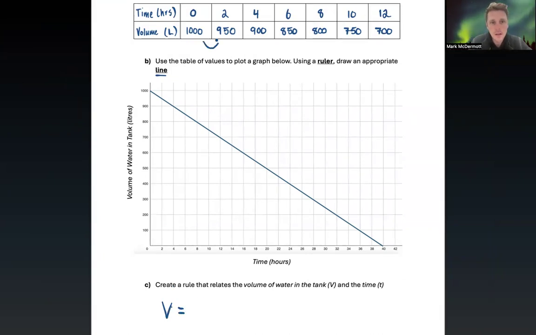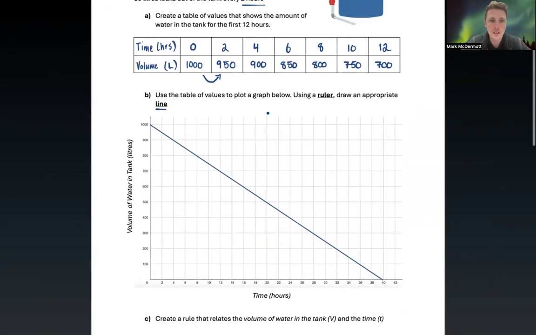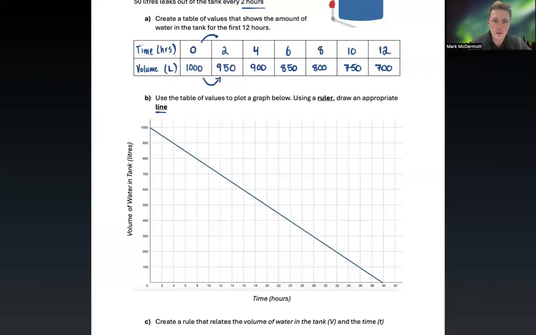It's going down by 50 each time. But strictly speaking, the gradient is how much it goes down every time the horizontal axis increases by 1. So you can hopefully see that the time axis is actually going up by 2 each time. So we need to think, well, how much would the volume go down if we increased by 1?